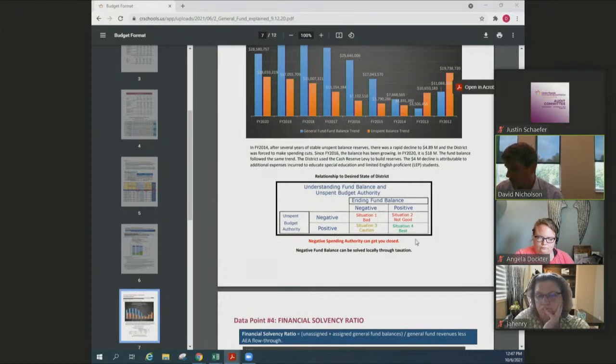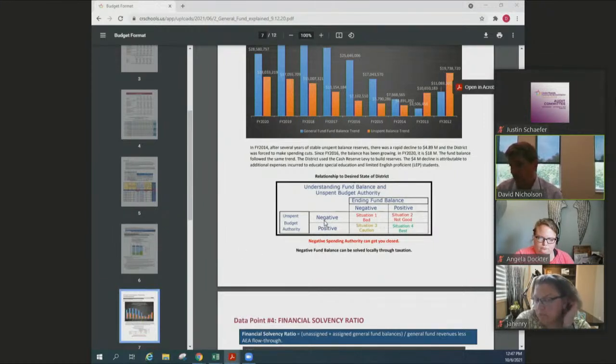That's where you always want to be, in this quadrant here. But you can have a positive fund balance and a negative unspent balance. That is not a good place to be because you don't have authority to spend it, but you do have money, but you don't have authority.